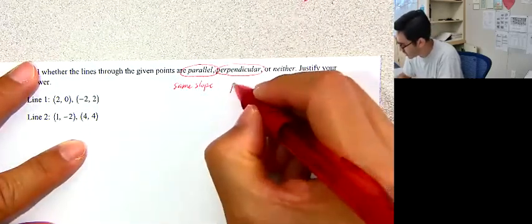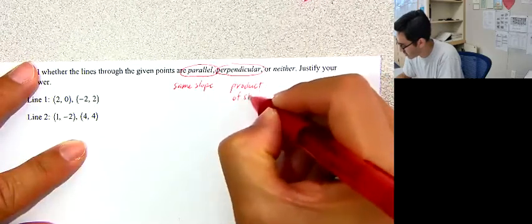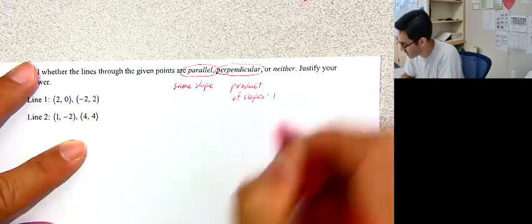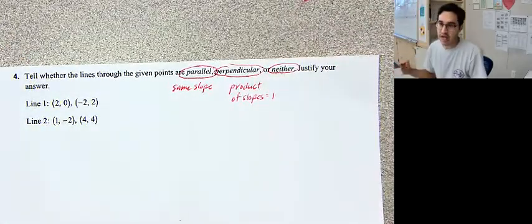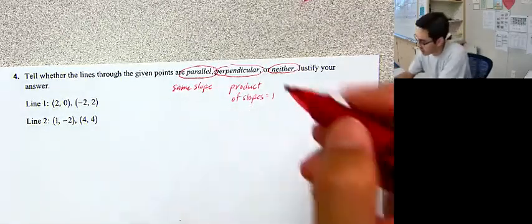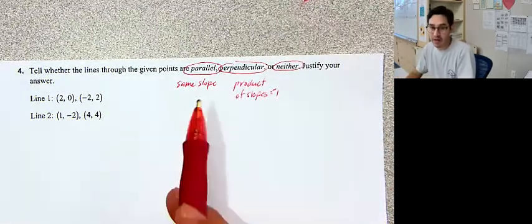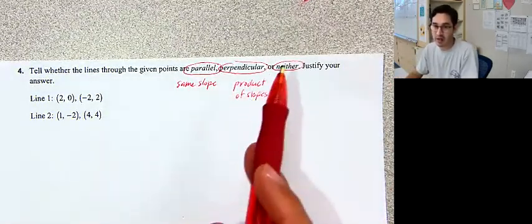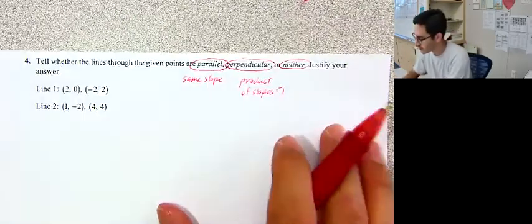Perpendicular means that the product of the slopes is -1. And neither would just be any other case. If the slopes were not the same and the product was not -1, then neither would capture everything else.